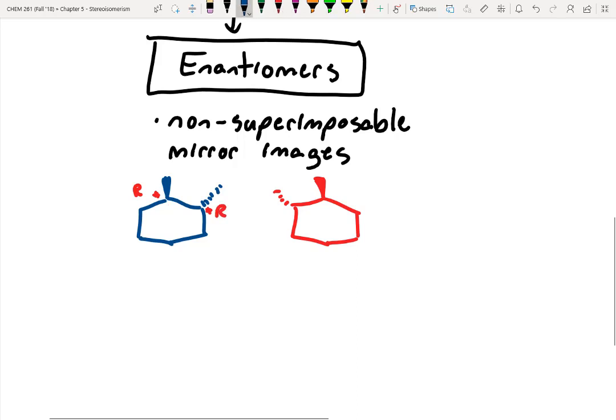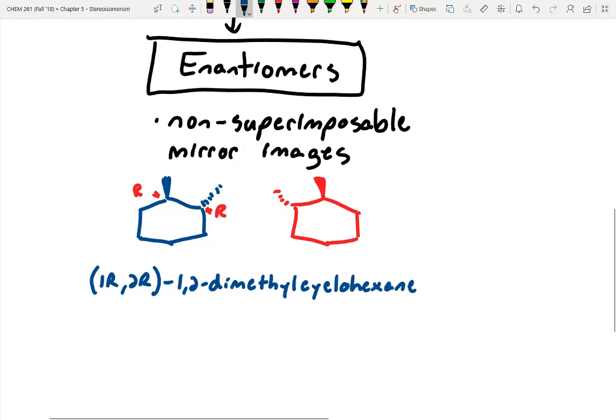Okay, so if we went ahead and we named the blue one, it'd be 1R, 2R, and then we put that in parentheses, 1,2-dimethylcyclohexane. What about the red one?